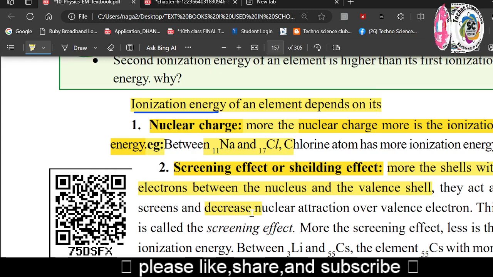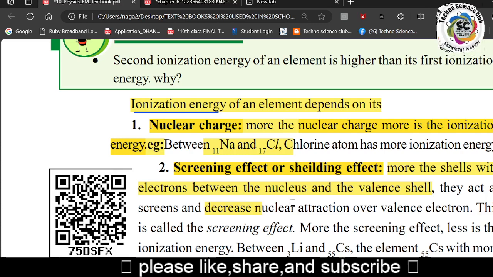Why? Because these shields or screens mean orbits. If more orbits are present, the shields are the orbits between the nucleus and the outermost orbit.